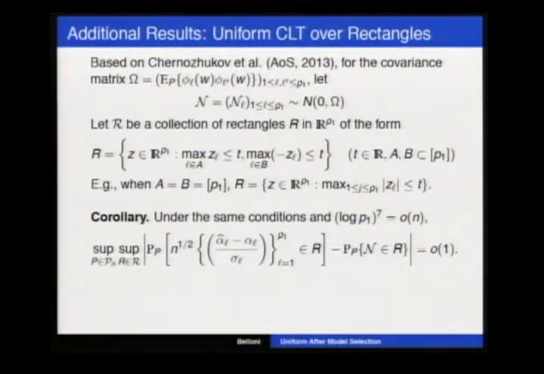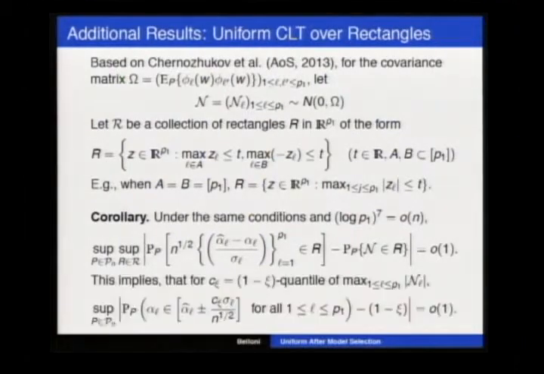And as long as log P to the 7th is little o of n, we can actually show that the chance your estimators are in a particular region converges to the chance that this process is in that region. In particular, we can do simultaneous multiple testing, and we'll have the right coverage, where the critical values can be computed by simulation of this process.